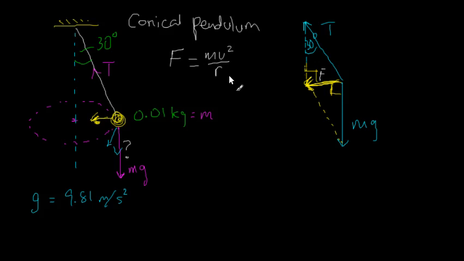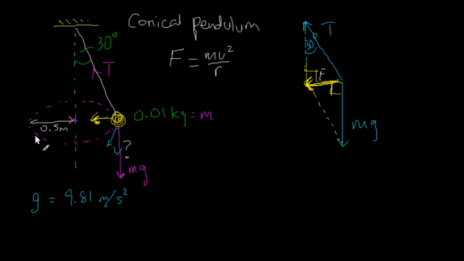Which reminds me, there is an additional bit of information that we need, which is the radius. So let me give this radius a value. Suppose that this radius is 0.5 meter, so quite a long string.